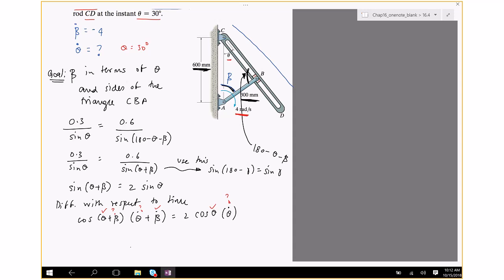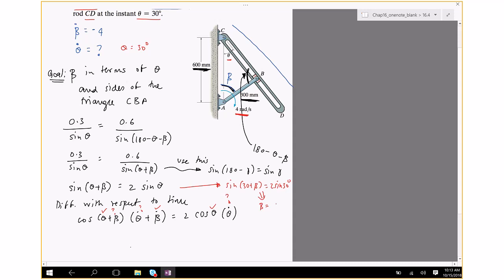So I can find that because beta is the angle when theta is 30 degrees. So if I write sine 30 plus beta equals 2 sine of 30 degrees and solve for beta, that expression gives me beta. Beta comes out to be 90 degrees.